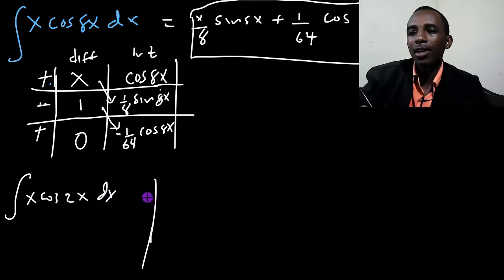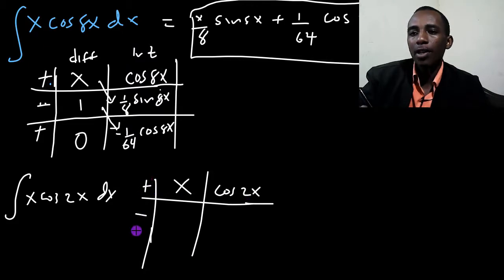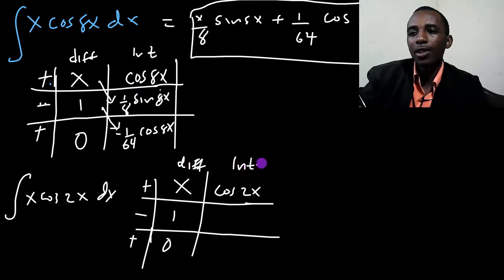I'm going to use a similar technique here. So I have x here, then I have cos 2x, plus minus plus, the derivative of x is 1, then 0, the integral of cos 2x. I'm differentiating this, then I'm integrating this, right?